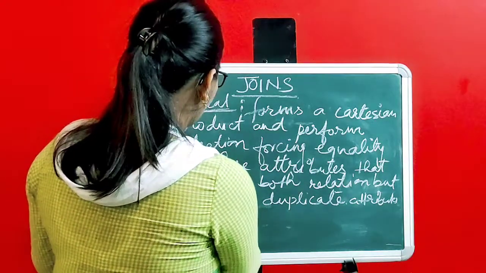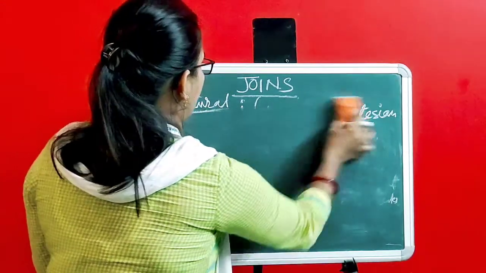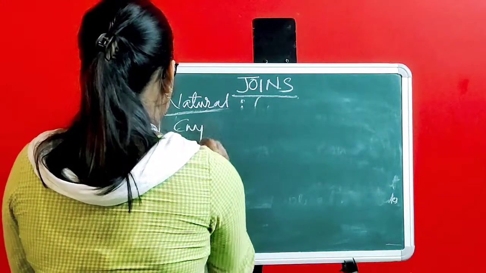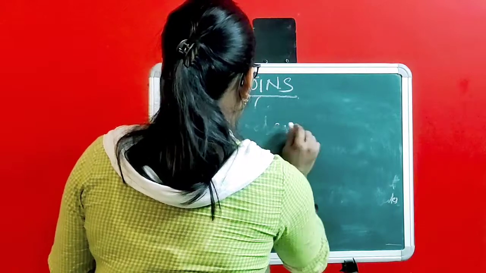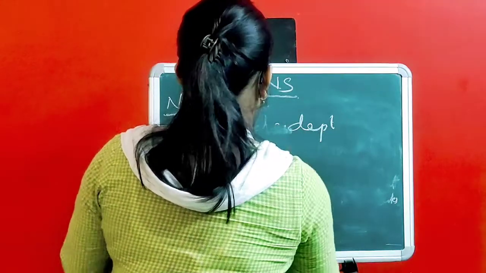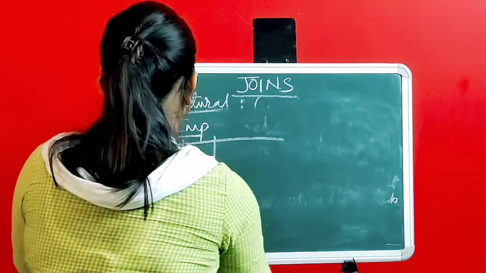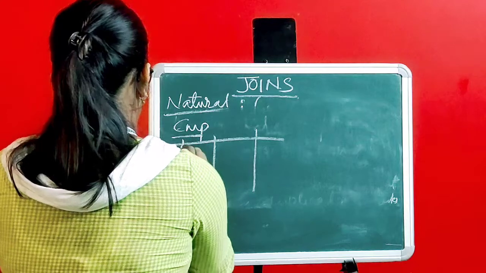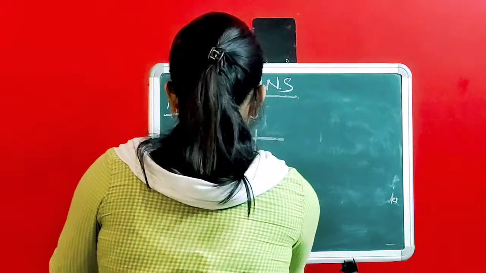Now see, suppose this is one table, employee, and this is another table. First of all, name, EID, then here DName.